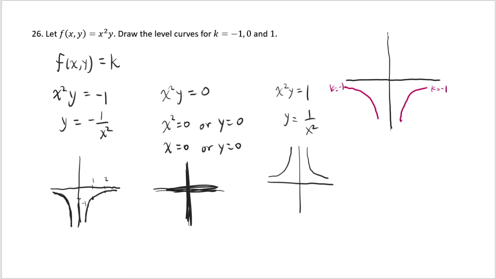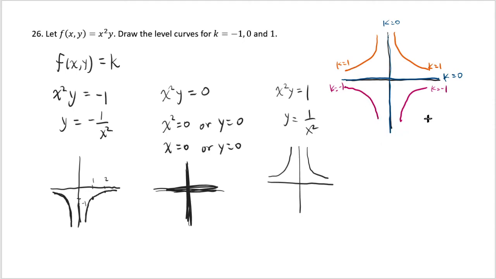And then let's choose another color. This and this for k equals 0. And then this and this for k equals 1.